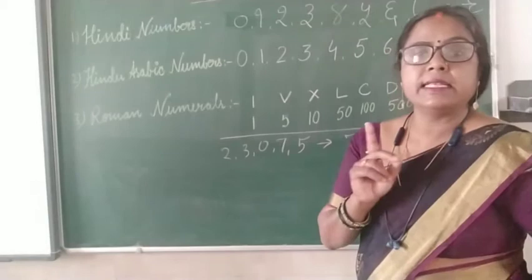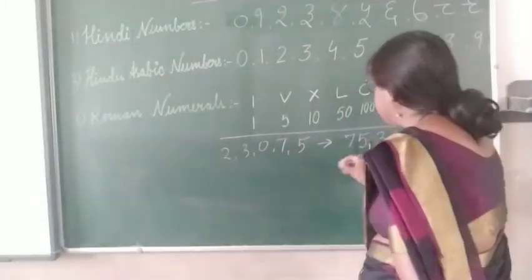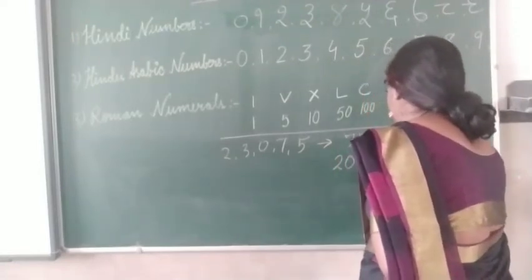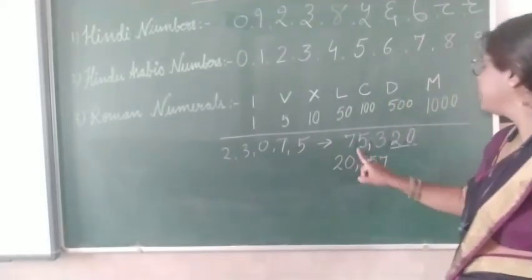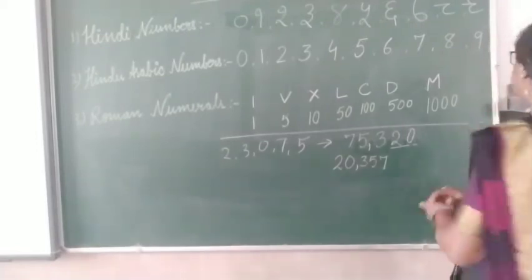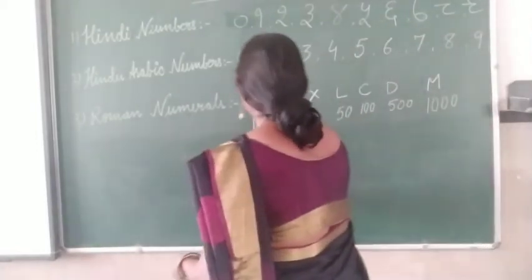We always start the ascending order from a non-zero number. So which is the smallest number after 0? This is 2. So 2 will be first, then 2, 0, 3, 5, 7. Again you put the comma before the thousands place. Got it?